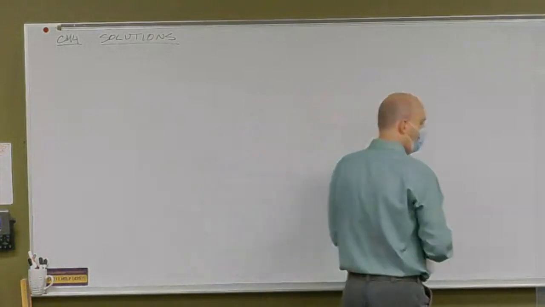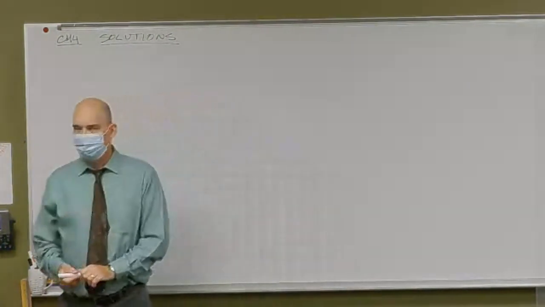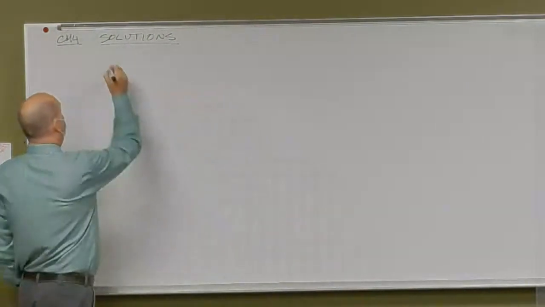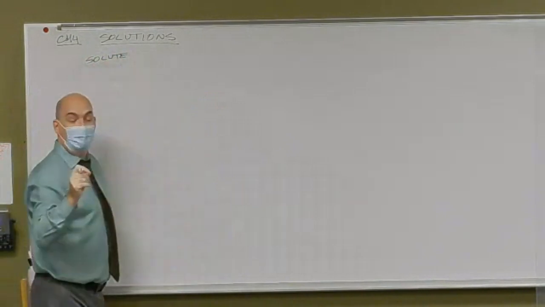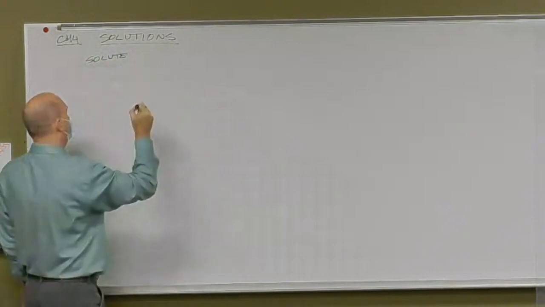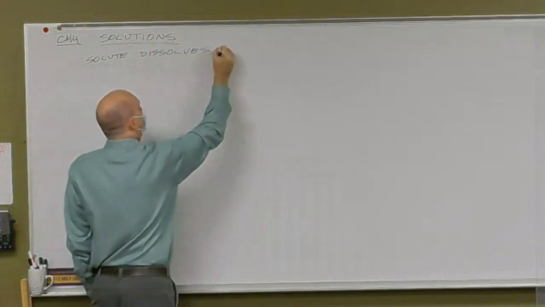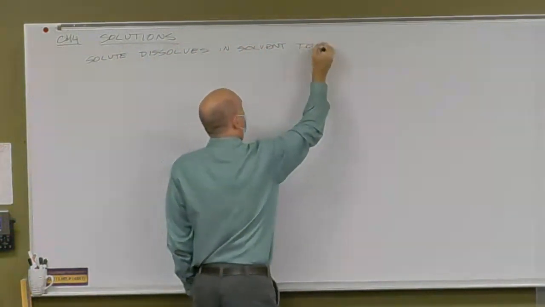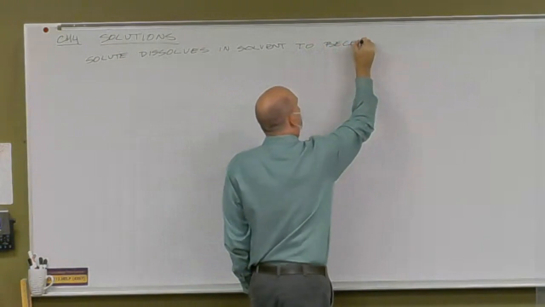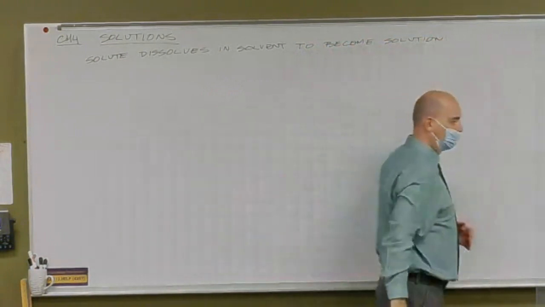Yeah, so this is a homogeneous mixture, and we lose track of the solute because it becomes so finely divided that we just can't see it anymore. So the solute dissolves in the solvent to become solution. Okay.